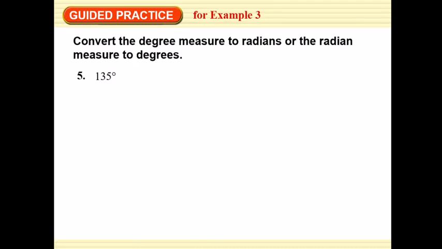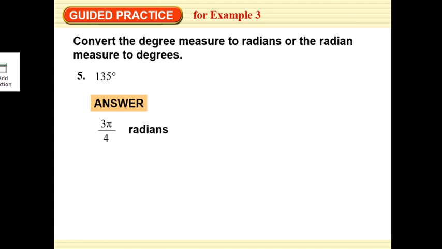Alright, so let's go ahead and do a couple of guided practice. See if you can do it on your own. Pause the video and get the solutions that we get. 135 degrees should convert to 3 pi over 4.